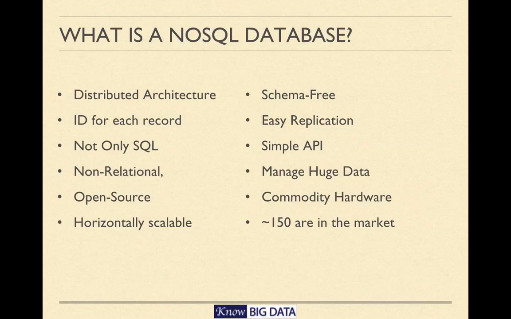So every distributed server where a table is divided and sliced and put onto multiple machines, every record has to be identifiable. Otherwise, it won't be possible to figure out where is what.